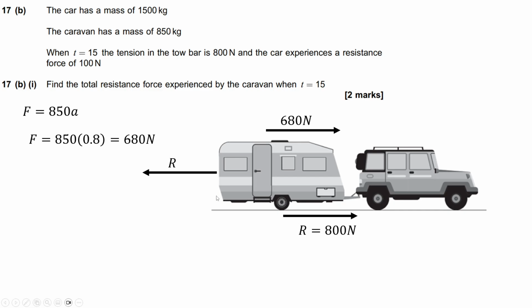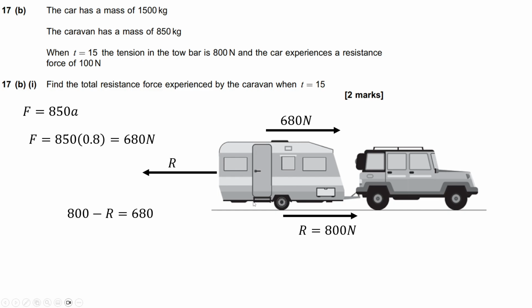So it's going to change the force such that it's actually going to decrease because it's being held back. If we've got these two resistant forces acting against it, it's R minus 800 equals 680. Sorry, 800 minus R equals 680, because the total resistance force backwards is 800 minus R, because this is positive 800, this is minus R, and this is positive 680.